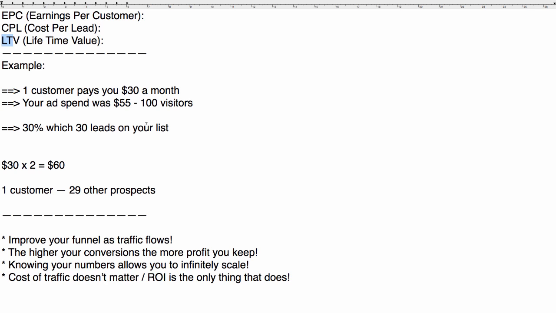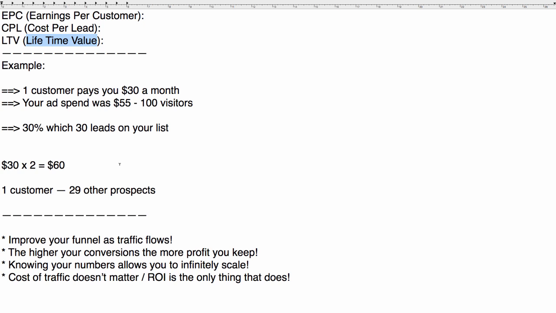Now here's the thing. What I'm talking about as far as the average and how long they stay, that's the lifetime value. So you need to understand, maybe you talk to your upline, or maybe do some testing and run enough traffic to where you get to see the average of how long a person stays involved in your program, involved with your service, involved with your opportunity. And then from there, you could say, well, out of the past 30 people, the past 50 people, they stayed for 3 months.